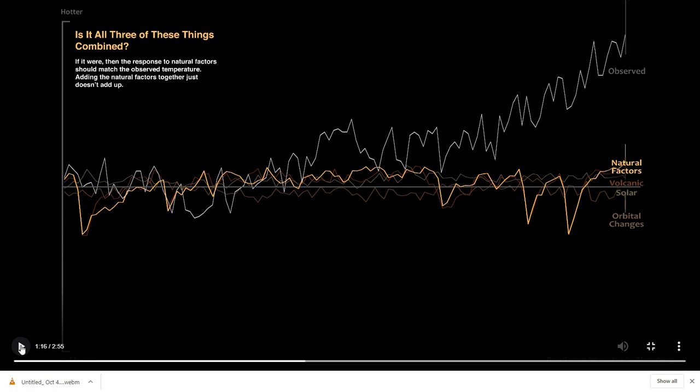So what these show us is that natural factors, natural parameters, do not impact the warming that we're seeing. That is a couple-sentence summation of what we've just been looking at. Let's continue.